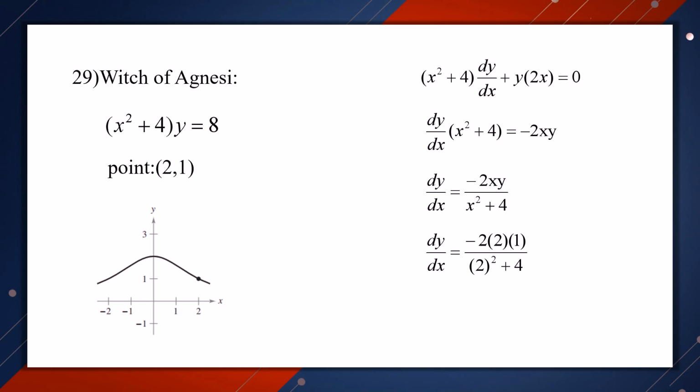And at that time we should put the point x equal to 2 and y equal to 1 into the equation, and we will find derivative of y equal to negative 2 times 2 times 1 over 2 to the power of 2 plus 4, and the final result will be negative 1 over 2.